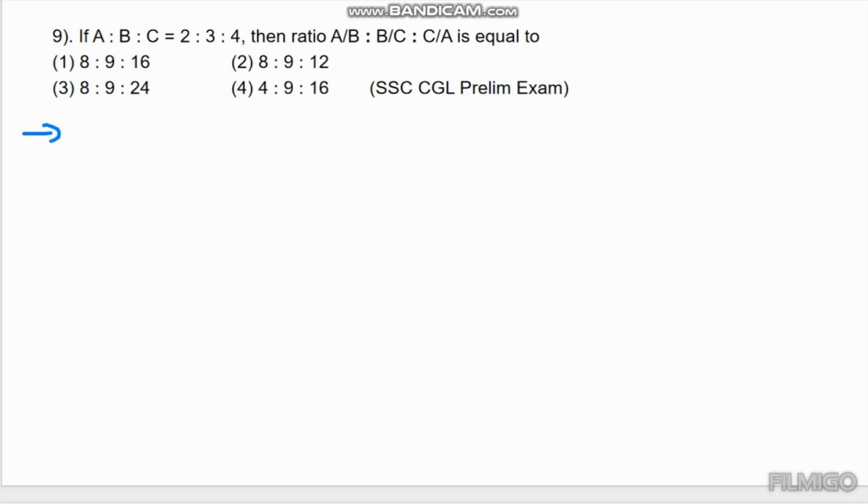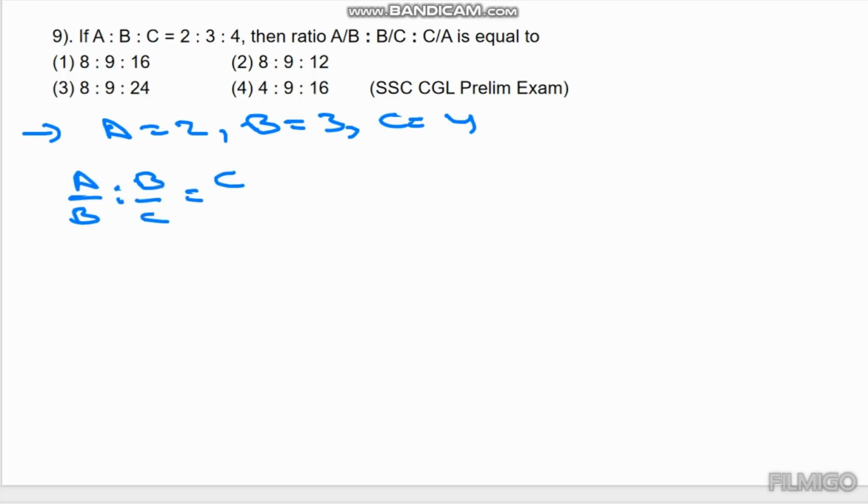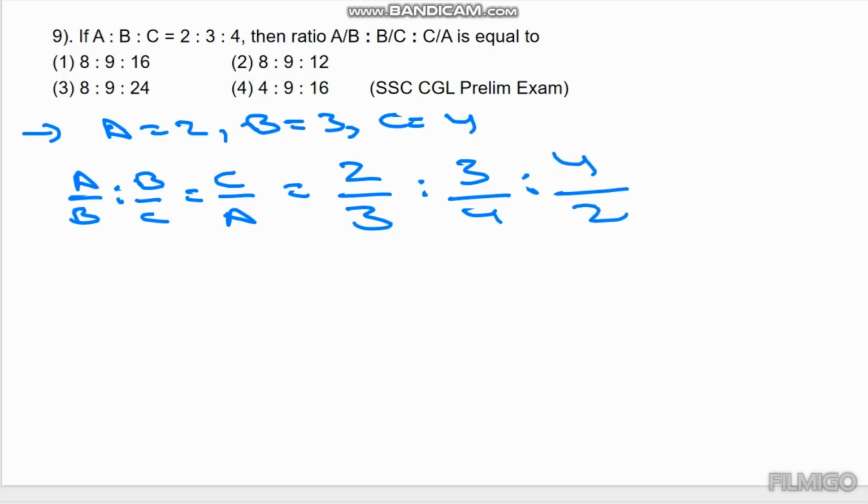Guys, listen carefully. Here, given A equal to 2, B equal to 3, C equal to 4. So A by B is to B by C is to C by A equal to 2 by 3 is to 3 by 4 is to 4 by 2.